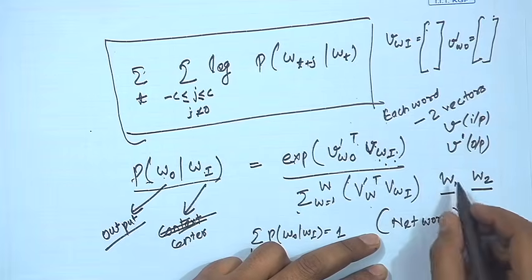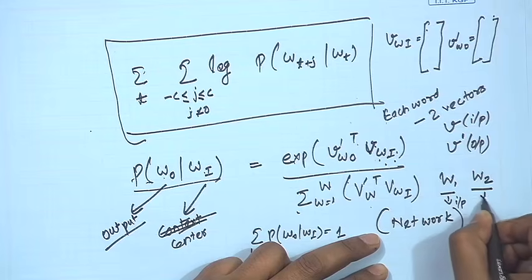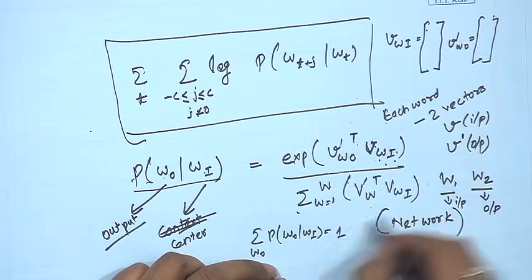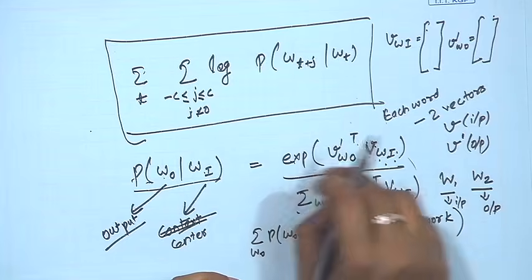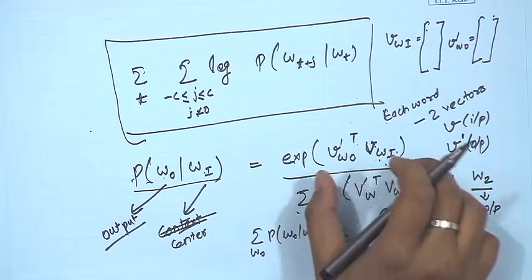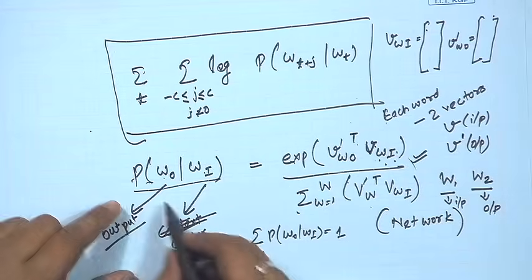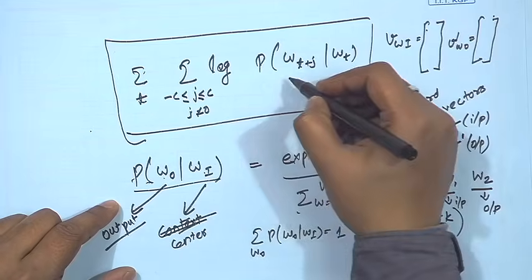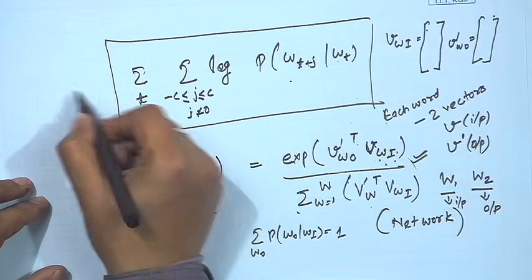Weight 1 corresponds to the input and weight 2 corresponds to output. Use this idea and see that by using the network also, by putting softmax over the output layer, you will see that you are actually getting the same form of this probability. So now I have this formulation of W O given W I, and I put it here for all the words in my context, and this becomes my J theta.